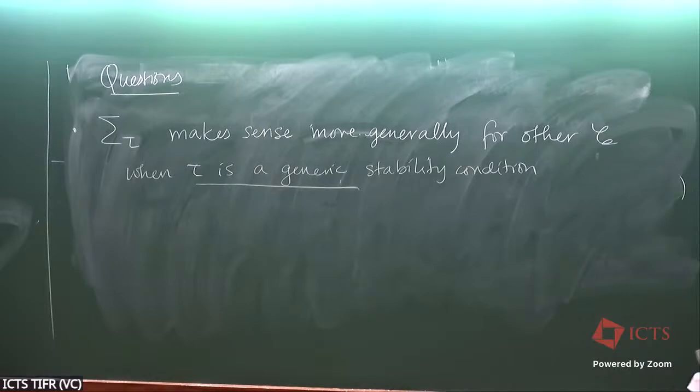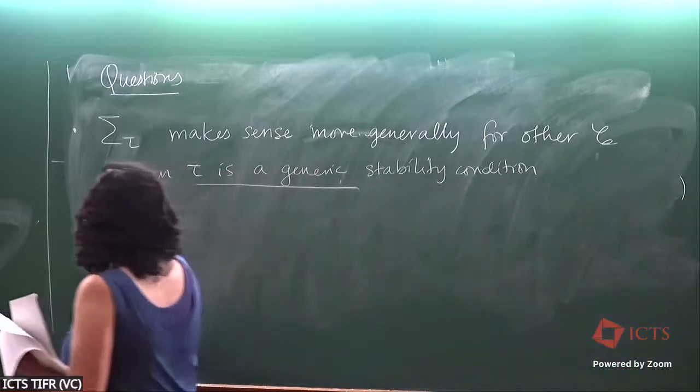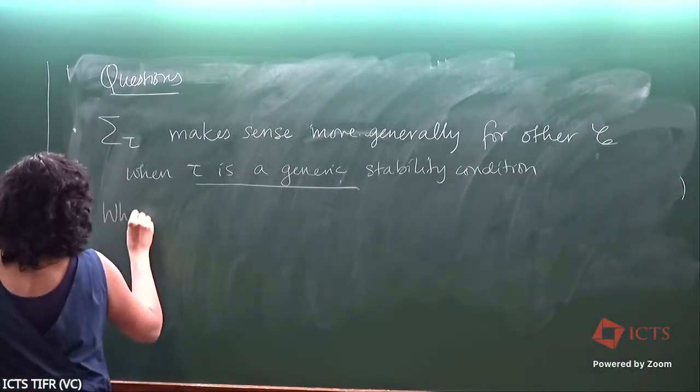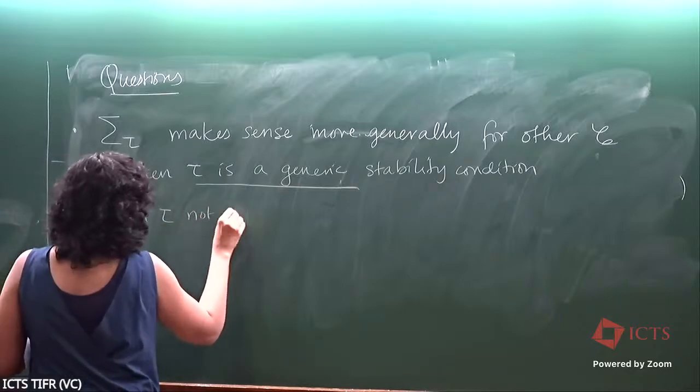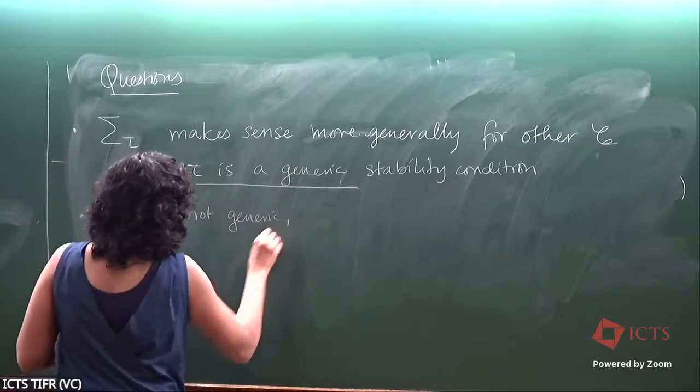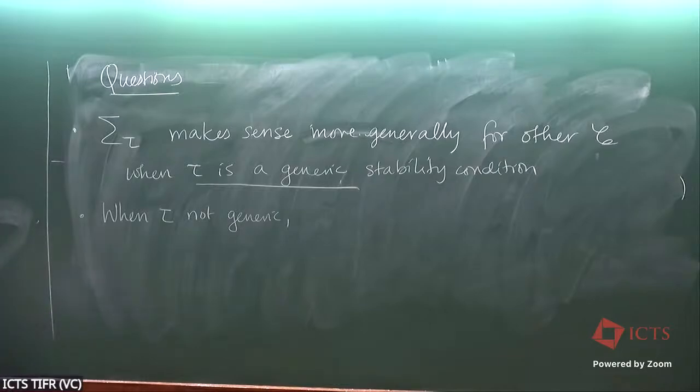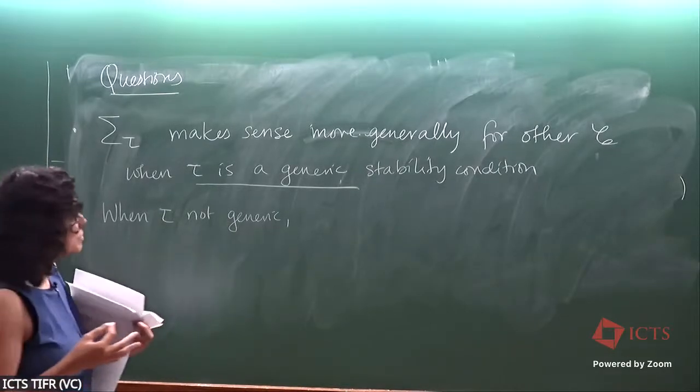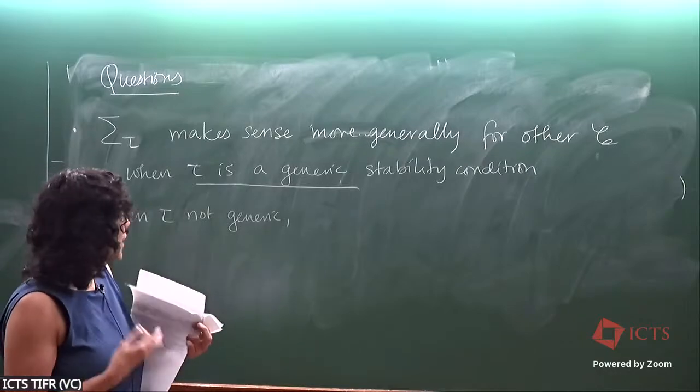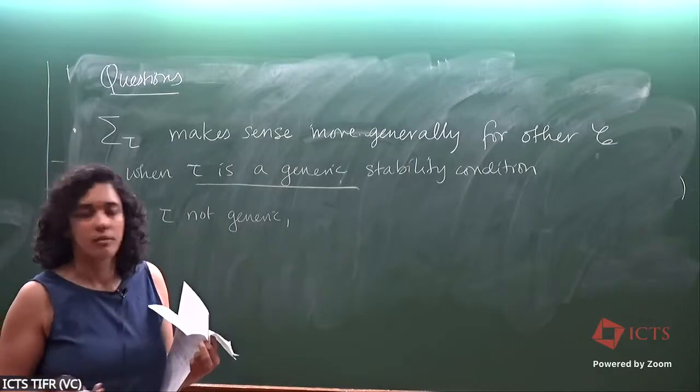You can define this. But when tau is not generic, we run into issues, because what can happen is you can have semi-stable factors which are not spherical.